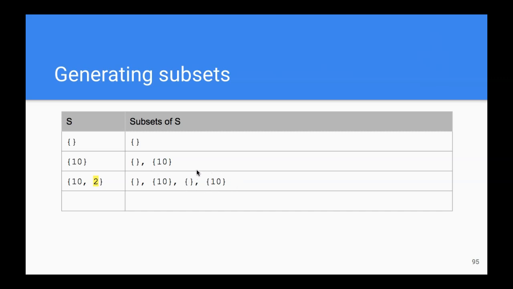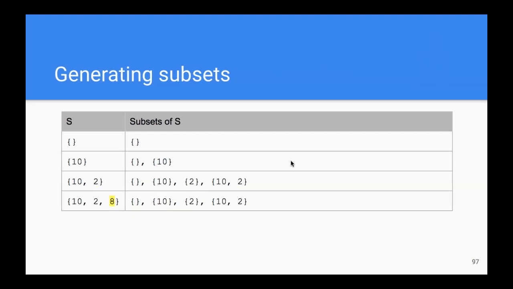These are the new subsets, and we add the new item to these new subsets. So now there are 4 subsets of S showing here.